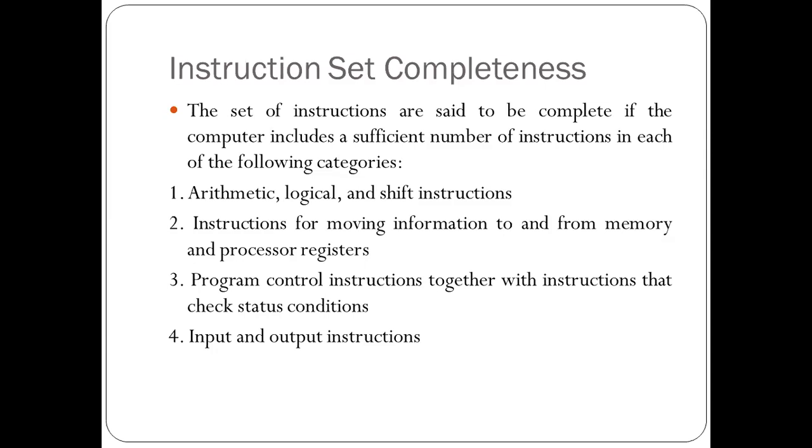Based on checking their status conditions, you have to proceed, either continuing the program or transferring control to some other location. That can be with respect to loops, or sometimes we may require to call a certain function which was defined in some other place. In such cases, I may use program control instructions, which are nothing but branch related operations. Checking some status conditions, based on which it proceeds with the branch.